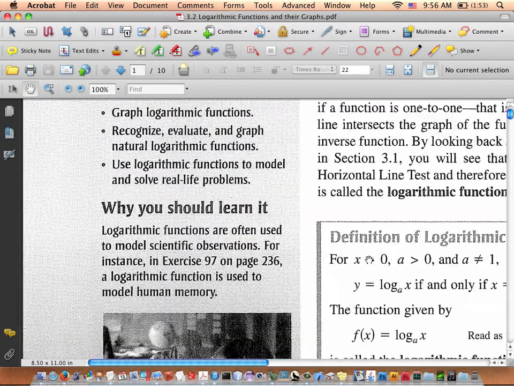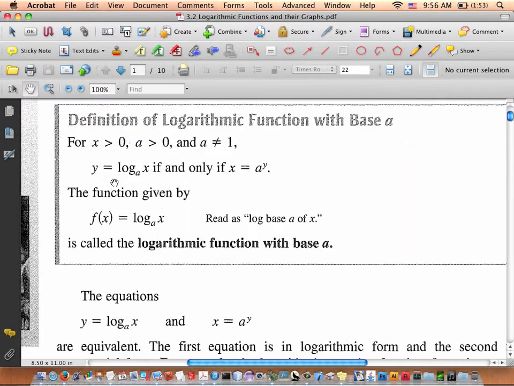Now, what do we call the inside of the logarithm? We gave it a special name: the argument. The thing that I need to teach you is that the argument always needs to be greater than 0. You can never have a negative argument.